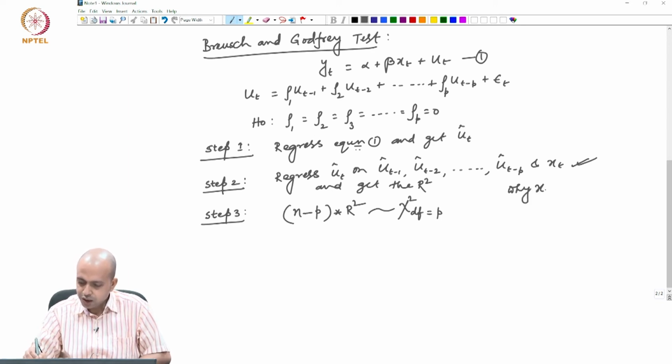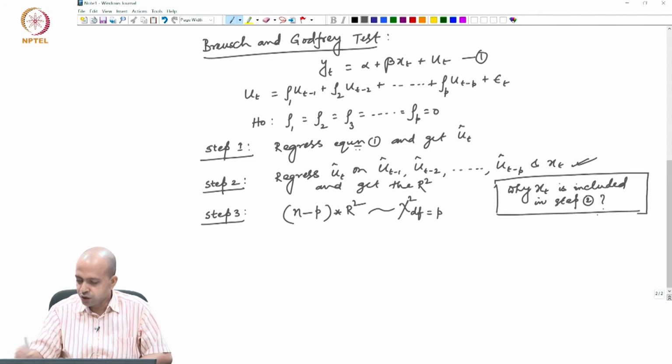Why is xt included in step 2 when my objective is to check only autocorrelation?